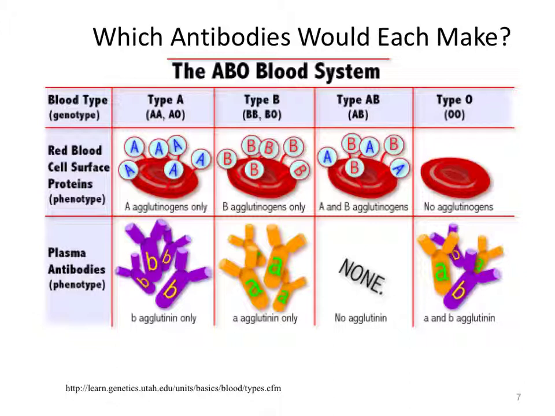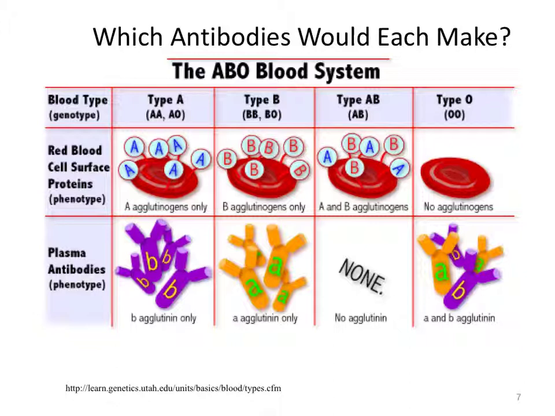If you are a type A individual, which means your genotype is IA IA or IA i, then it means that you make A-type antigens on the surface of your red blood cell. So you're not going to make antibodies that are against A. Instead, you're going to make antibodies that are against B, the other option.